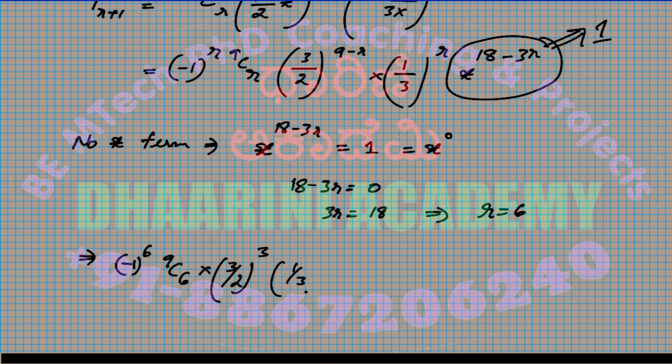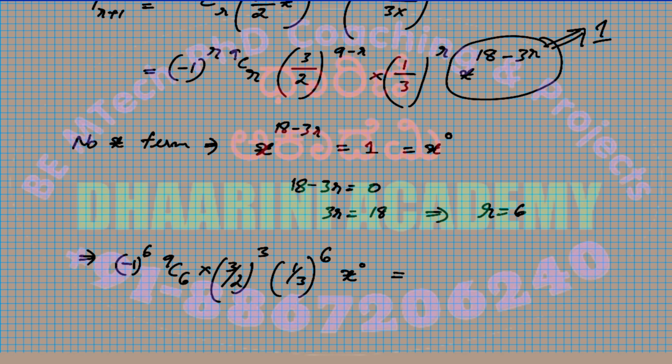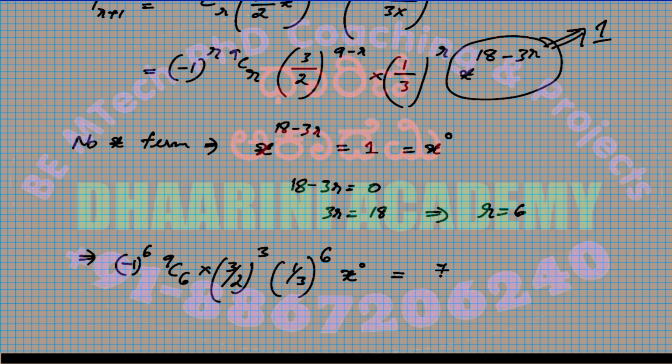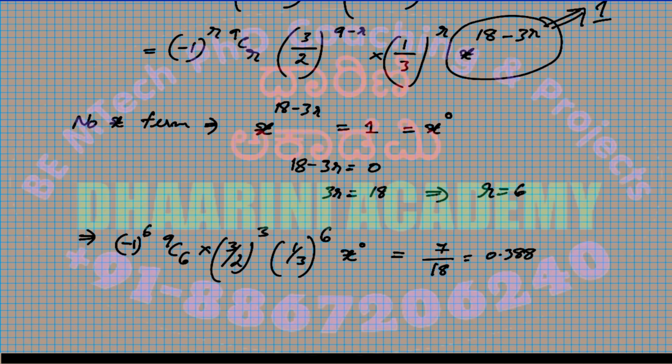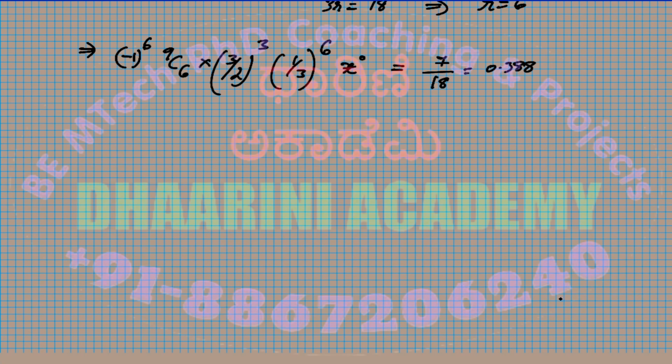So this is 1 by 3 to the power 6 into x to the power 0. That is 1. All right. So the answer is 7 by 18.388. Next question.